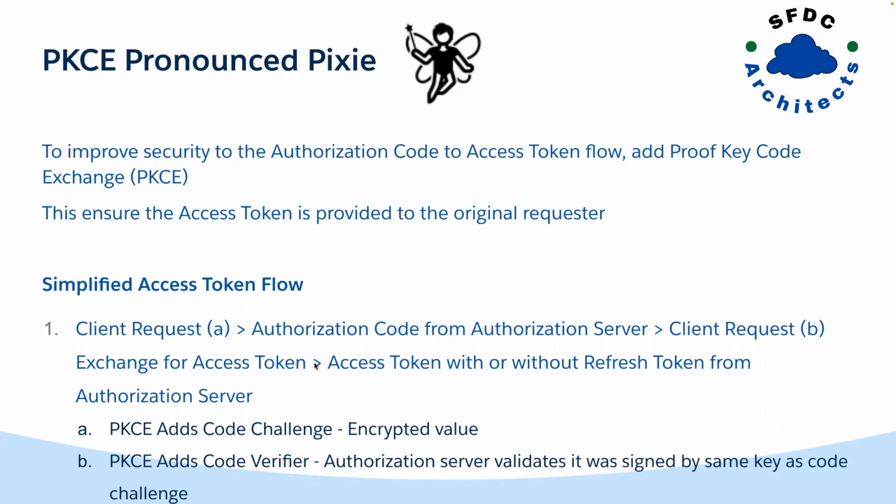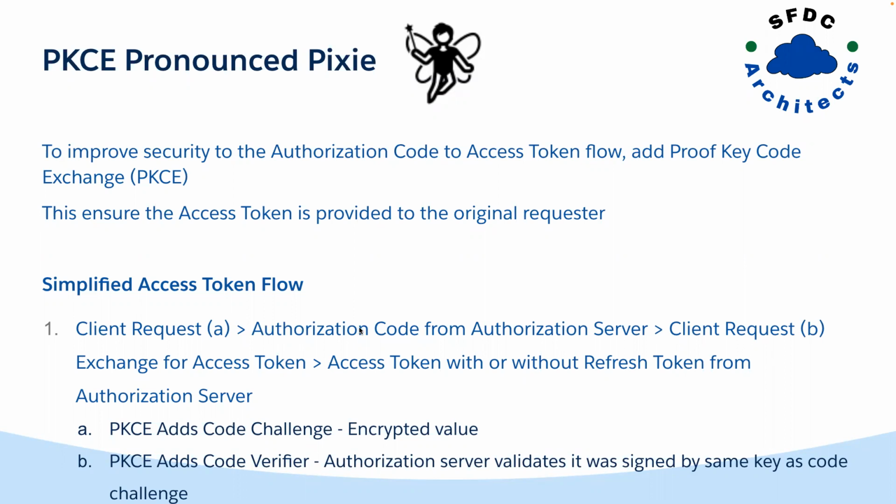Okay. And I went really fast through this, so I'm going to take 2 steps back. The standard or simplified authorization code flow is: the client sends the request, the authorization code is sent by the authorization server, then the client asks for the access token, because remember you have two endpoints.